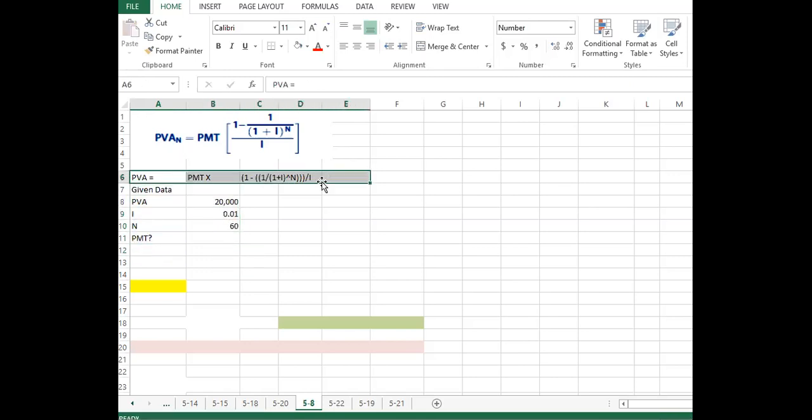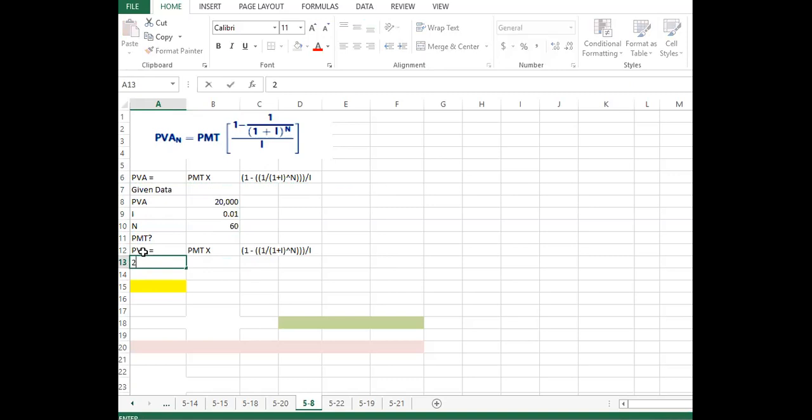Here we have the formula. The present value of the annuity is given, and we are going to calculate PMT, whereas this is the formula of the factor. The interest rate is 0.01, N is 60.